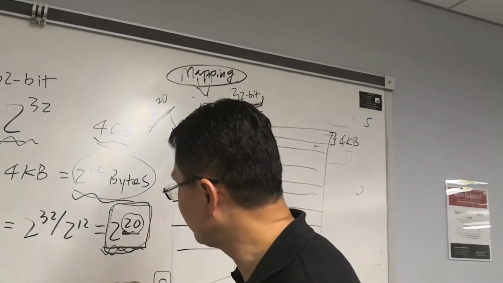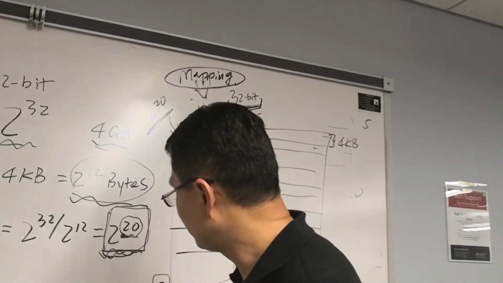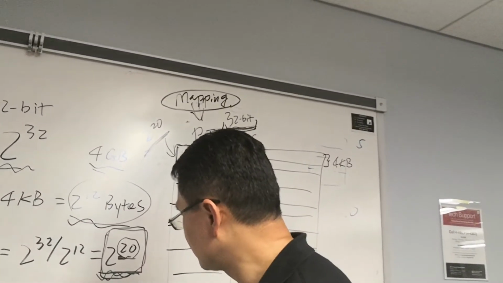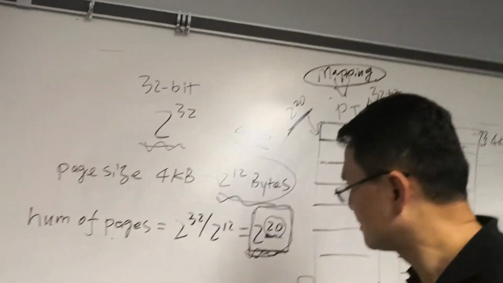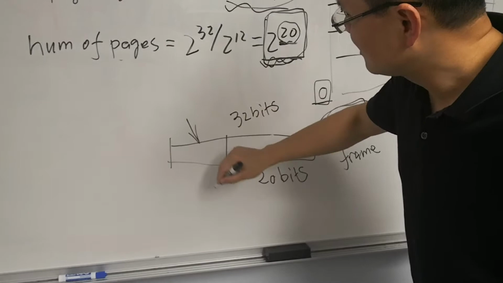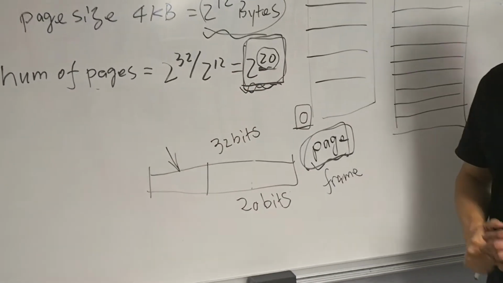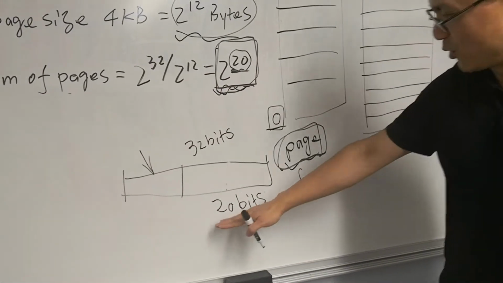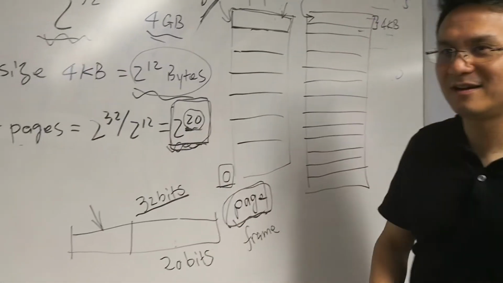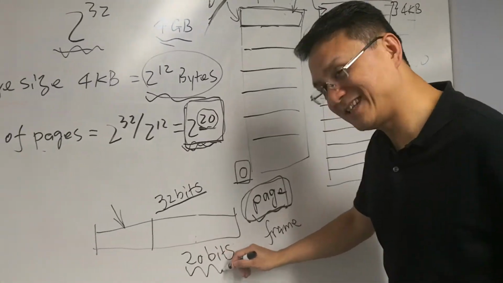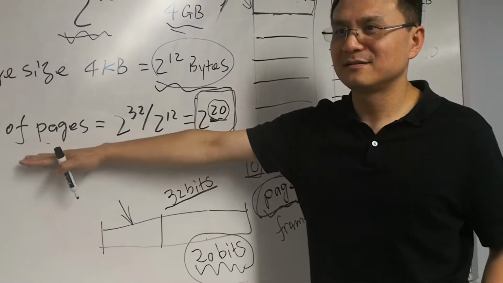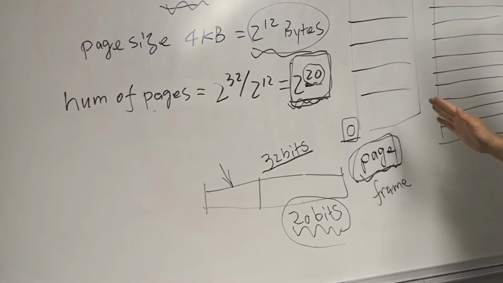So you have at least 20 bits, and the rest you can use for whatever you want. Let's say each entry has 32 bits, but at least 20 bits are used for remembering all these pages. Is this part clear?